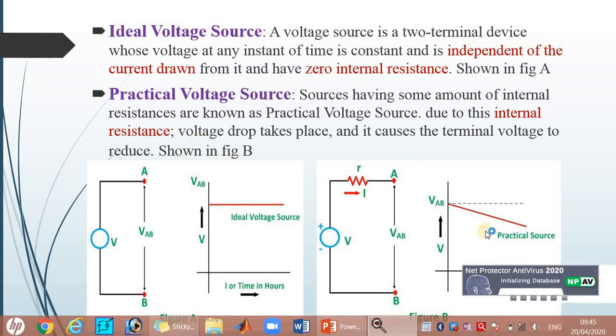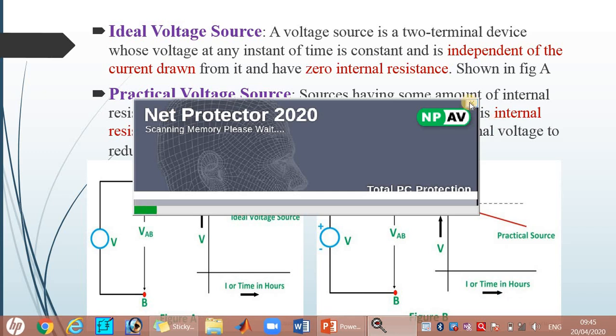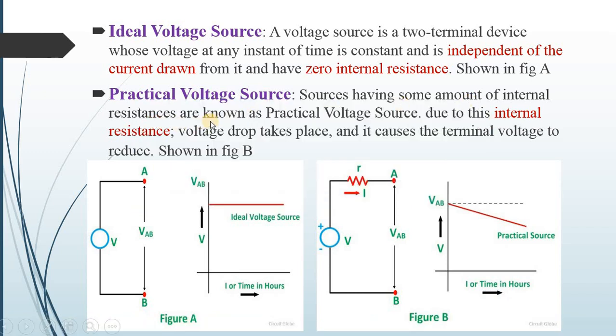Then practical voltage source. Sources having some amount of internal resistance are known as practical voltage sources, and due to this internal resistance, a voltage drop takes place and it causes the terminal voltage to reduce. See here, it is a practical voltage source which has an internal resistance, and due to this the voltage between points A and B is not constant.